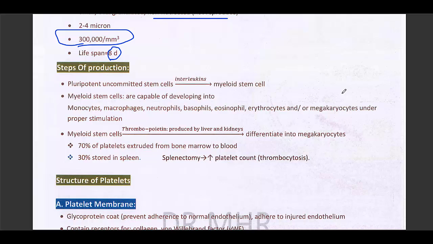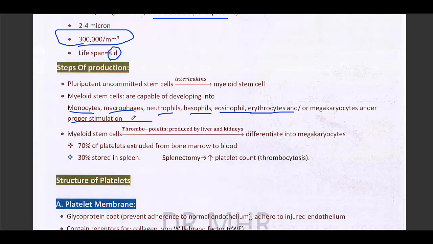So let's move to the steps of production of platelets. Let's start from the pluripotent uncommitted stem cell, which by interleukins will become myeloid stem cells. Myeloid stem cells turn into monocytes and macrophages, neutrophils, basophils, eosinophils, erythrocytes, and megakaryocytes, but under proper stimulation.